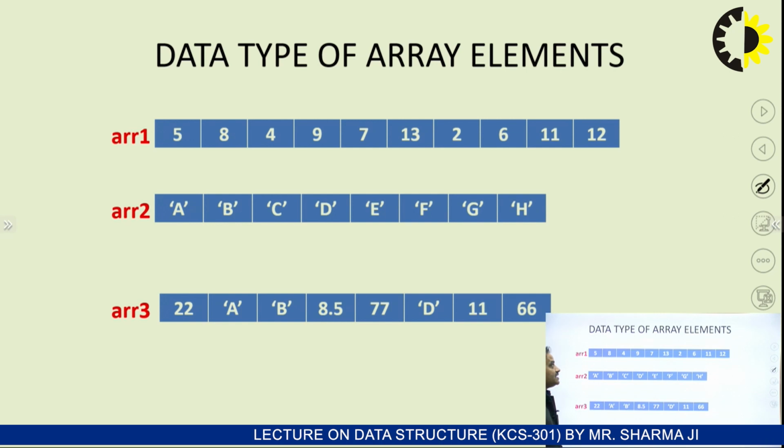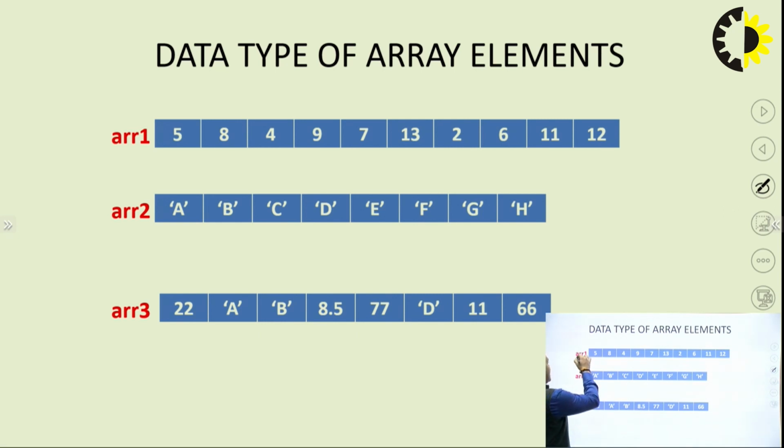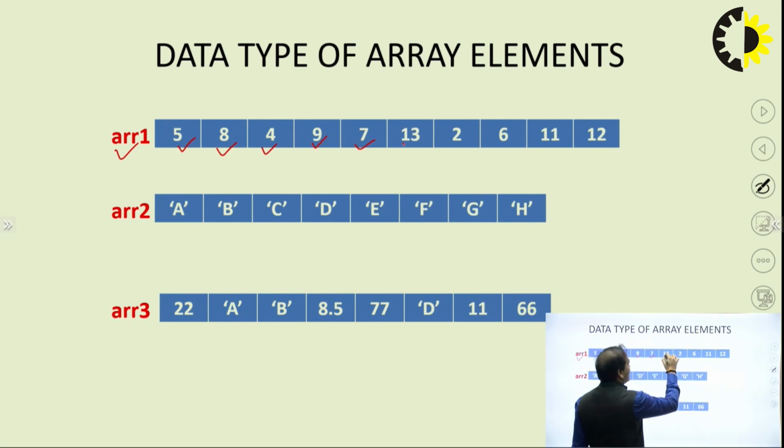The next topic is data types of array elements. Here we take an array arr1. We insert each element, and each element is integer type: 4, 9, 7, 13, 2, 6, 11 and 12. All are integers.